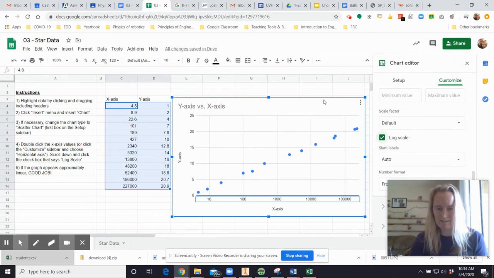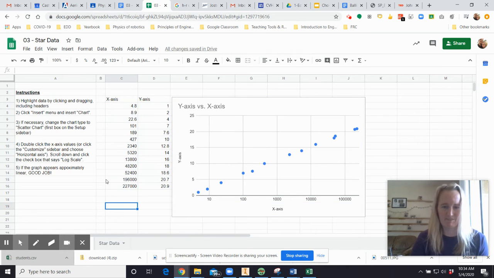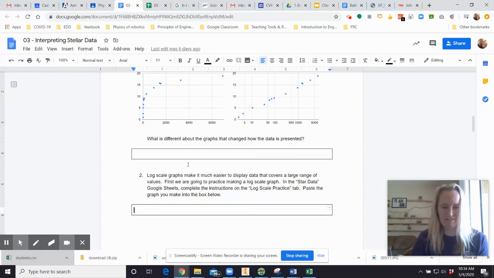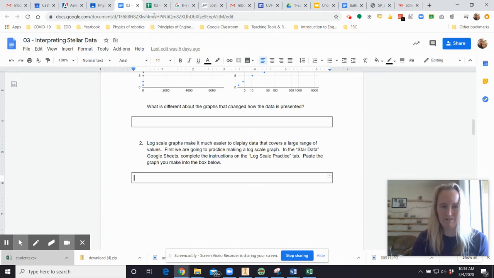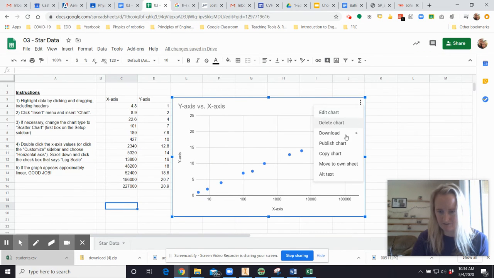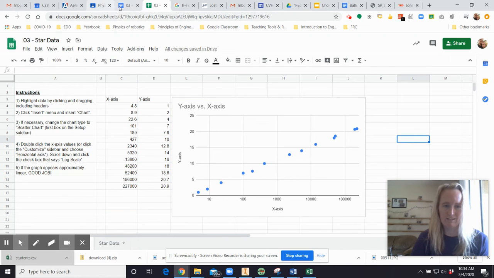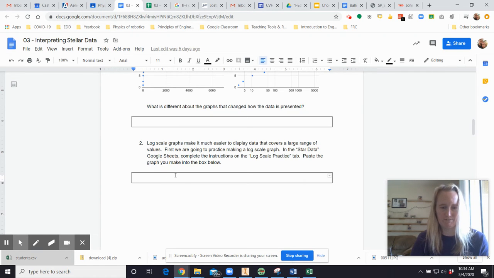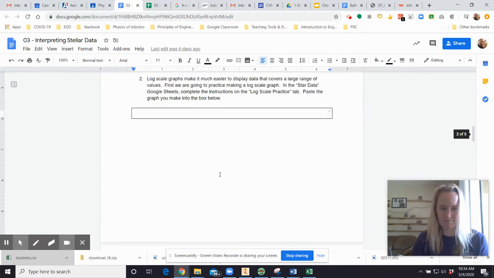When you check log scale, you're going to get a straight line graph, and if it appears to be linear, that means you did that correctly. Alright, all you need to do is copy and paste that. The easiest way is to copy chart, and then go here and paste it in.